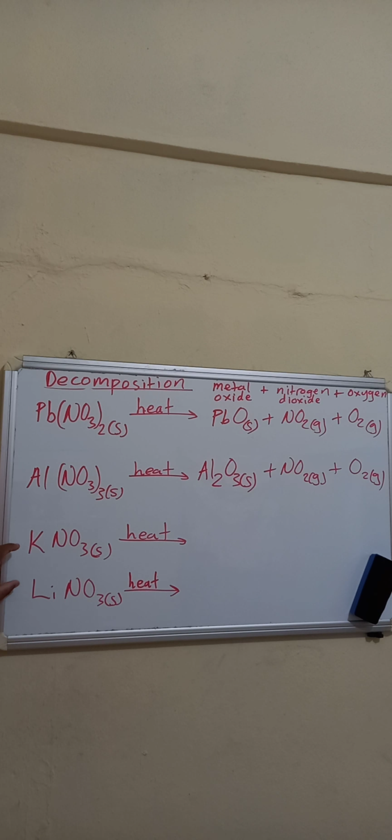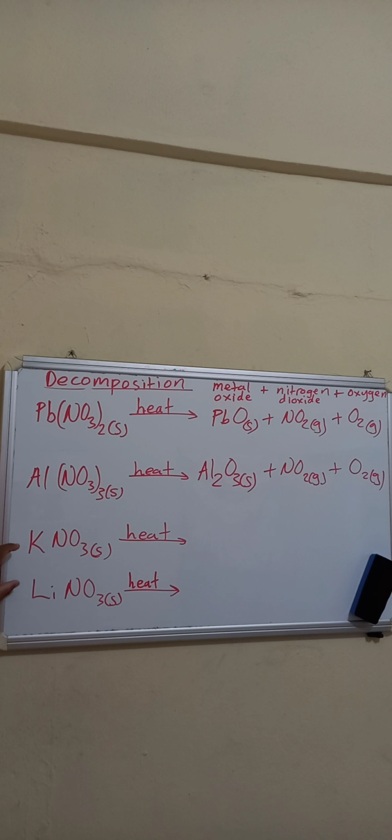For the group 1 metals above lithium, so sodium and potassium, you will get a different product and oxygen gas. But for lithium, you will still get NO2 and oxygen. So it's just the group 1 metals that are the exception. In the other scenarios, you will get the nitrogen dioxide. So that's the decomposition of the nitrates.